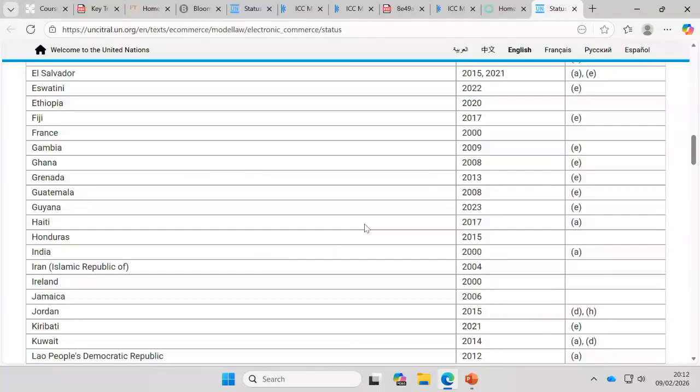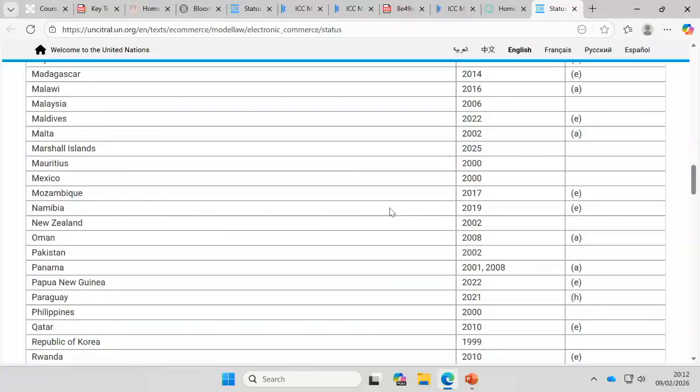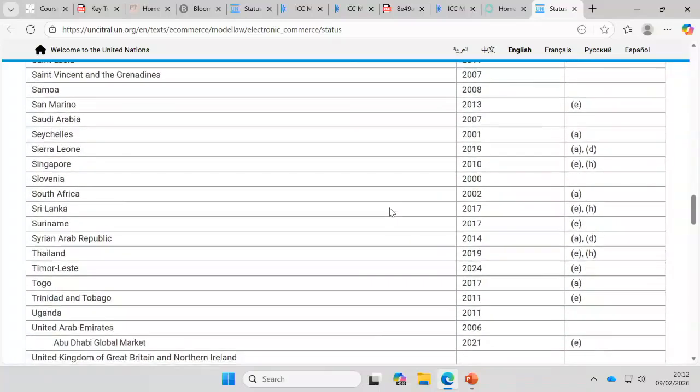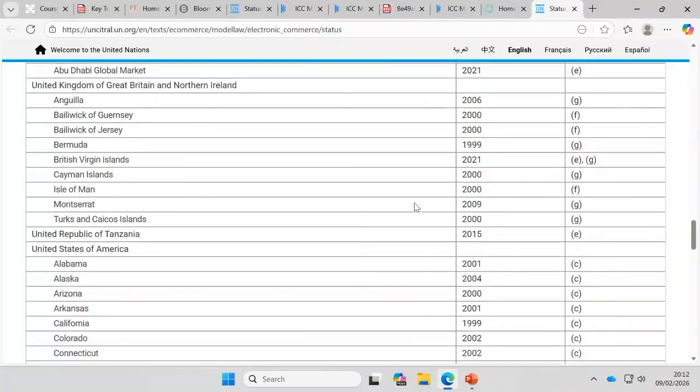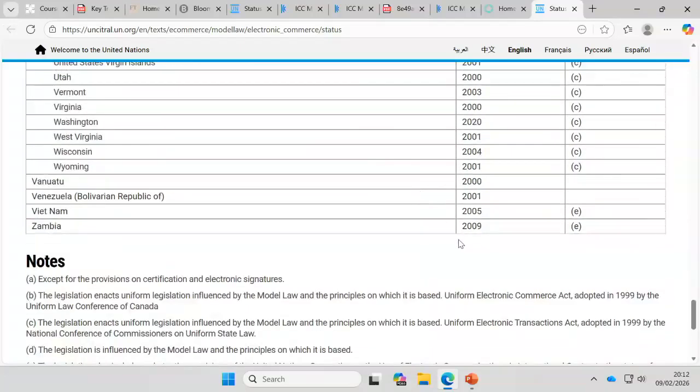We will, however, almost never see North Korea as a party to any of these sorts of international conventions, et cetera. So a different approach in that context. If we look down, Singapore, South Africa, United Kingdom this time, US and most of the US states.